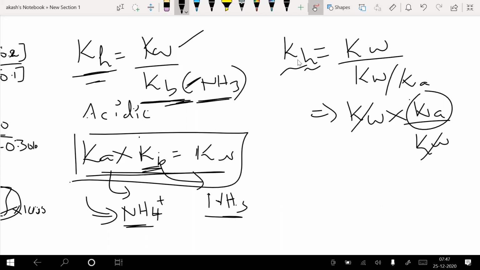They have given the pKa value of CH3COOH, acetic acid. The pKa value of acetic acid is 4.74. I'll repeat the question, guys.